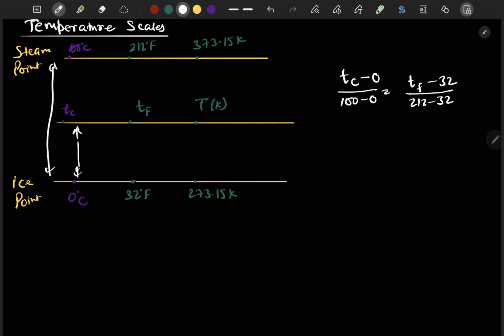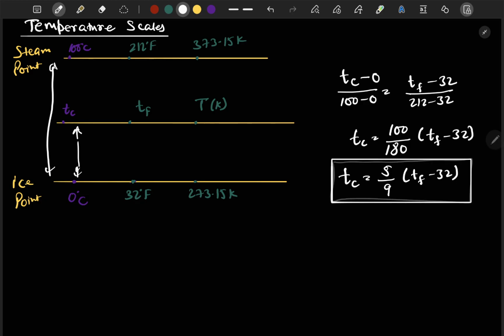From here we obtain Tc equal to 100 upon 180, that is 212 minus 32, into Tf minus 32. So Tc is equal to 5 by 9 times Tf minus 32. This is the relation for conversion from the Fahrenheit scale to the Celsius scale or vice versa.